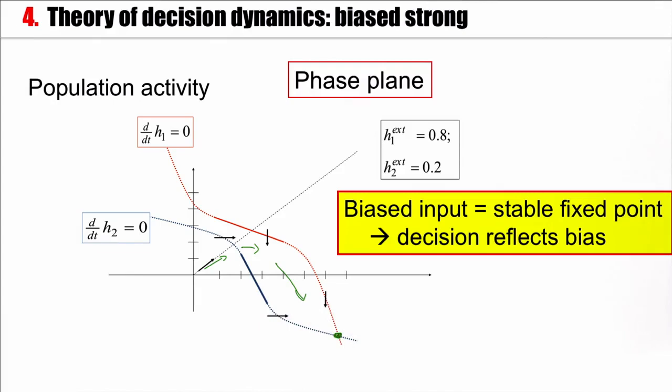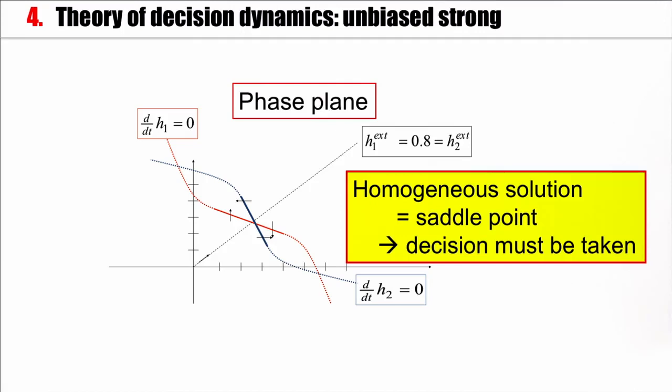So, for biased input, the stable fixed point reflects the bias in the input. If I have strong input that's unbiased, a decision must be taken, and that's represented by the fact that the symmetric solution is unstable, and therefore it's going either to the fixed point on the left or to the fixed point on the right.